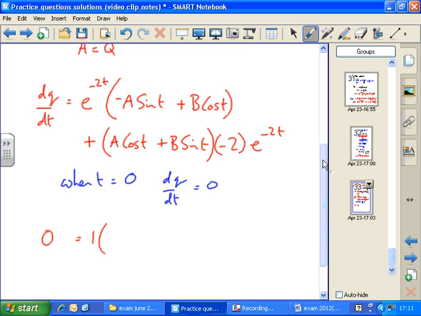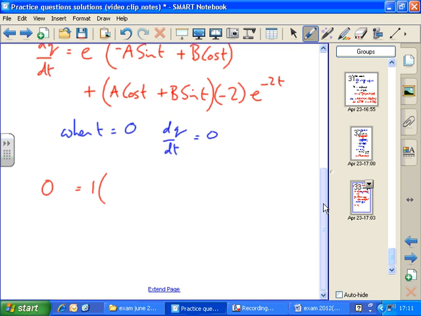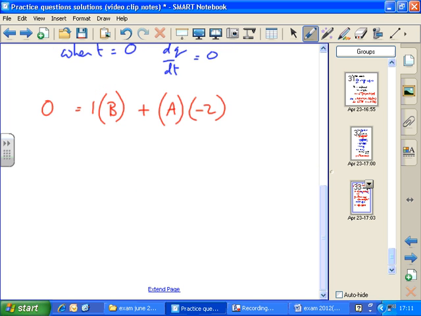Minus a sine t is 0, so that bit's gone. Cos t is 1, so this gives us b. Plus, in the bracket we've got cos t is 1, so that's a. The sine t is 0, so the second term has disappeared, times minus 2. So we have that 0 equals b minus 2a.